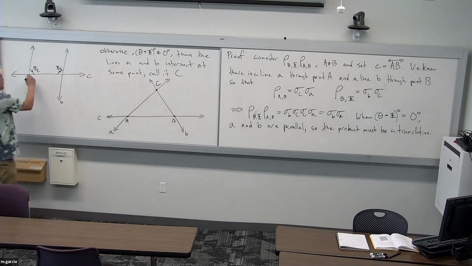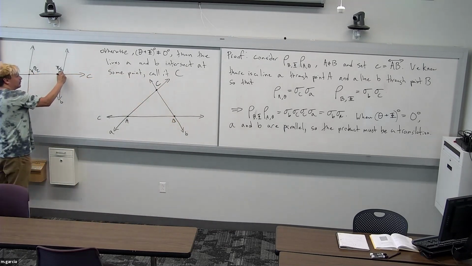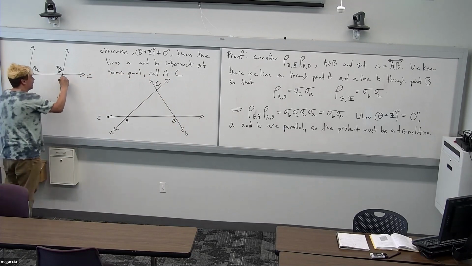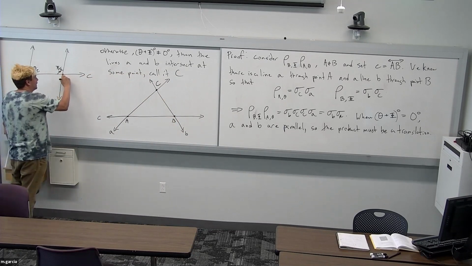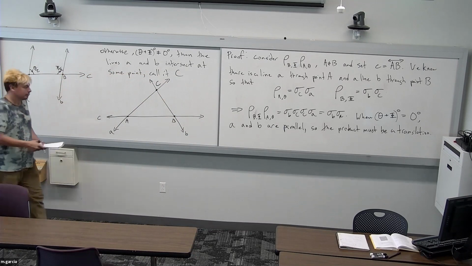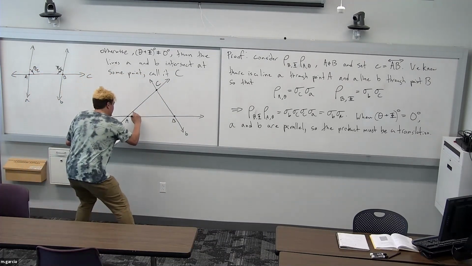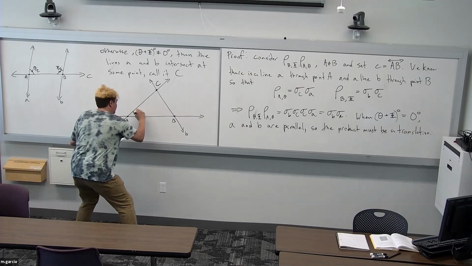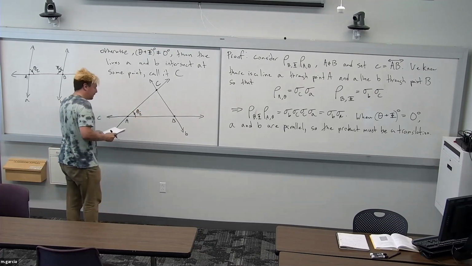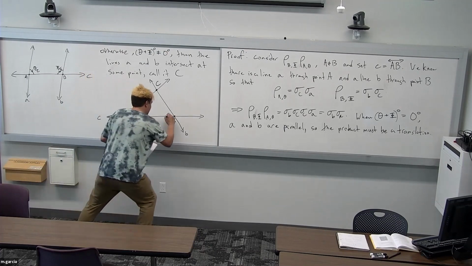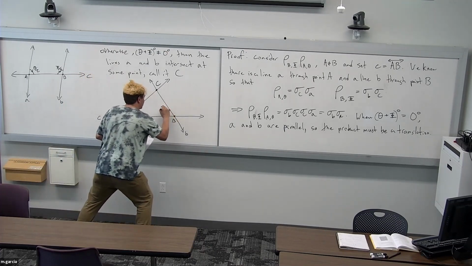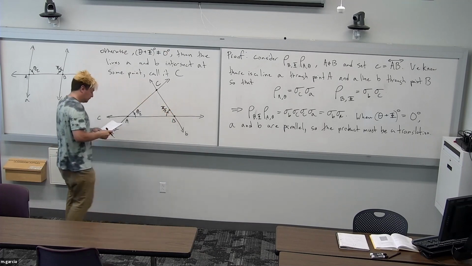Just for completeness, I forgot to write that, but of course, A is where line A intersects C, and B is where line B intersects C. Again, this directed angle is theta over 2, and this angle here is phi over 2.